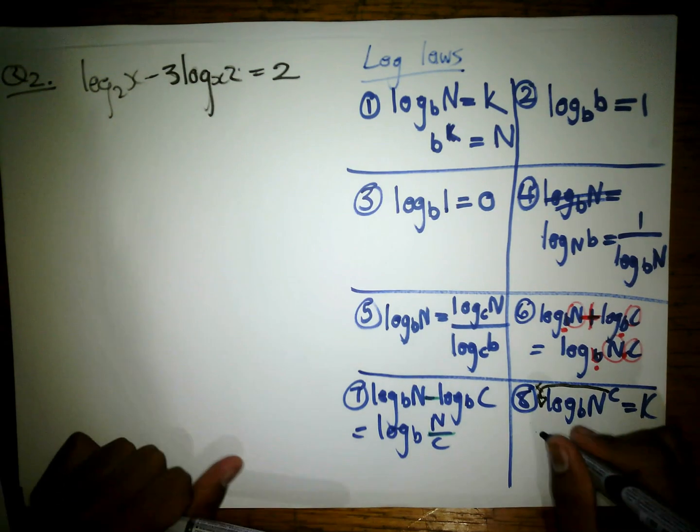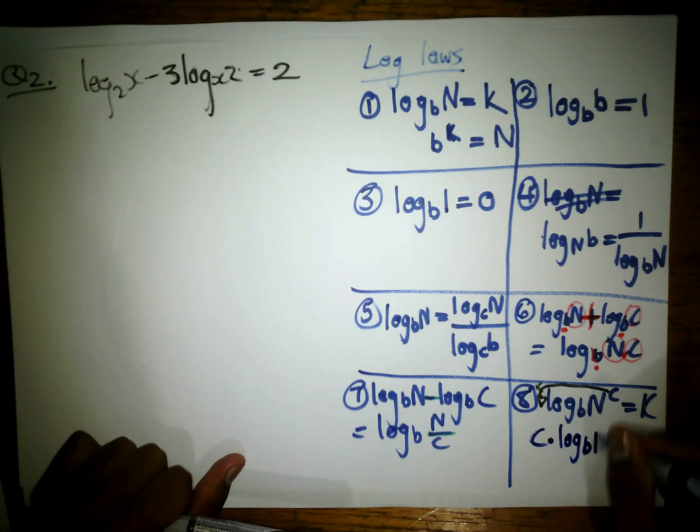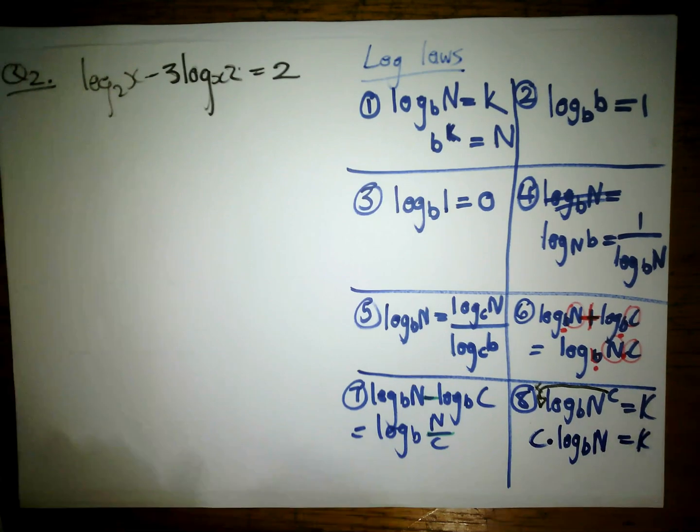So it's going to be c times log base n equal k. That's how the laws work, and right now the laws will mean nothing to you. But you need to look at that video, because in that video there's a few examples that will open your eyes to these laws. Okay.